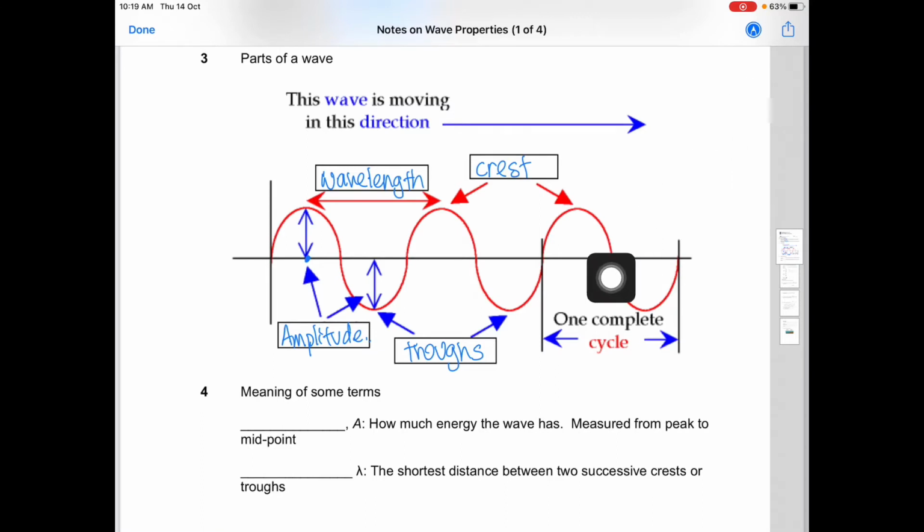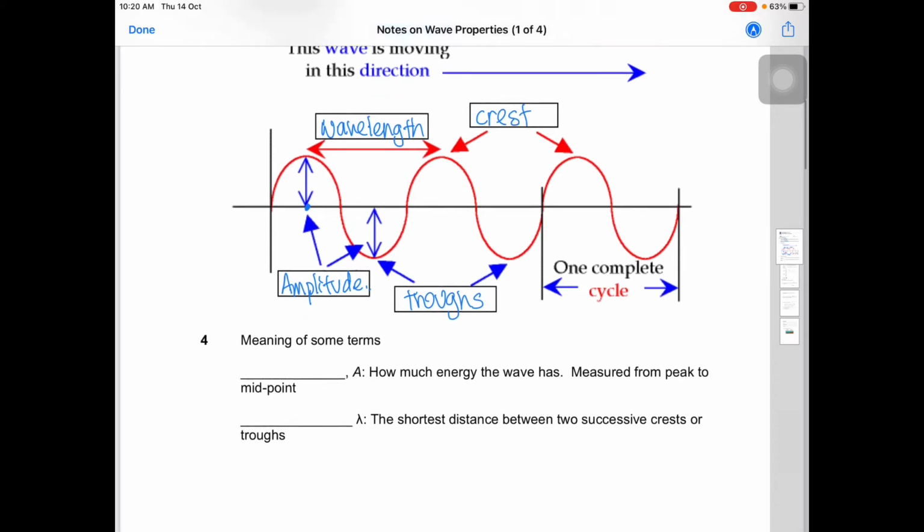One wavelength can also be made up of one whole positive part of the wave, followed by one whole negative part of the wave. There are many different types of wave shapes, but don't worry, for your standard it will be a very uniform sort of shape. There's nothing crazy going to be given to you.